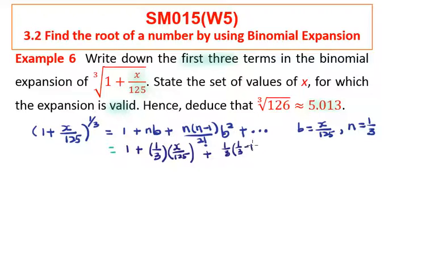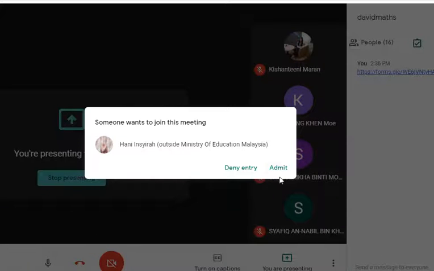times 1/3 minus 1 over 2 factorial, x over 125 squared. Next, you can use a calculator to find the coefficient.